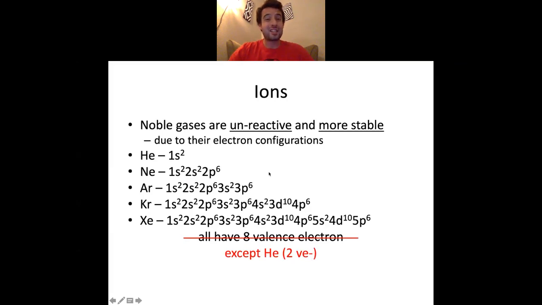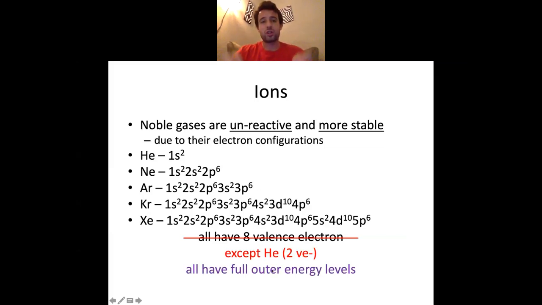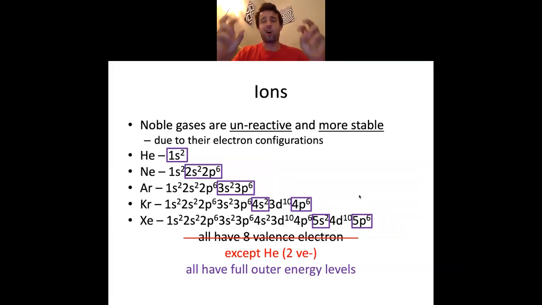What I'll say to you now that is always true is that they all have full outer energy levels. Helium has a full energy level 1. You can only fit 2 electrons in your first energy level. In every other energy level, 2, 3, 4, and 5, you can fit up to 8 valence electrons. So we sometimes say all noble gases have 8 valence electrons.